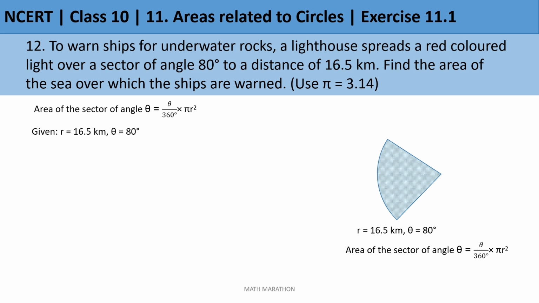We have the following information. Radius r is 16.5 kilometers and theta is 80 degree. Area of the sector is equal to theta, which is 80, by 360 multiplied by pi, which is 3.14, multiplied by r square, which is 16.5 square.